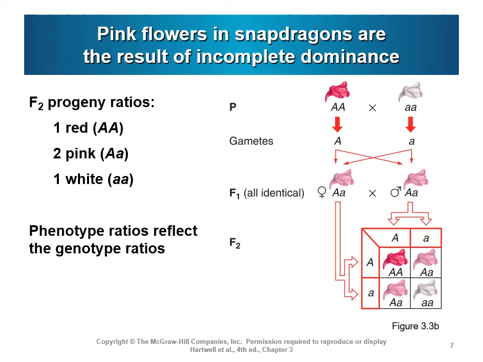This is because F2, which is a product of crossing two F1 individuals, will have a 1 to 2 to 1 ratio of big A big A to big A small a to small a small a.